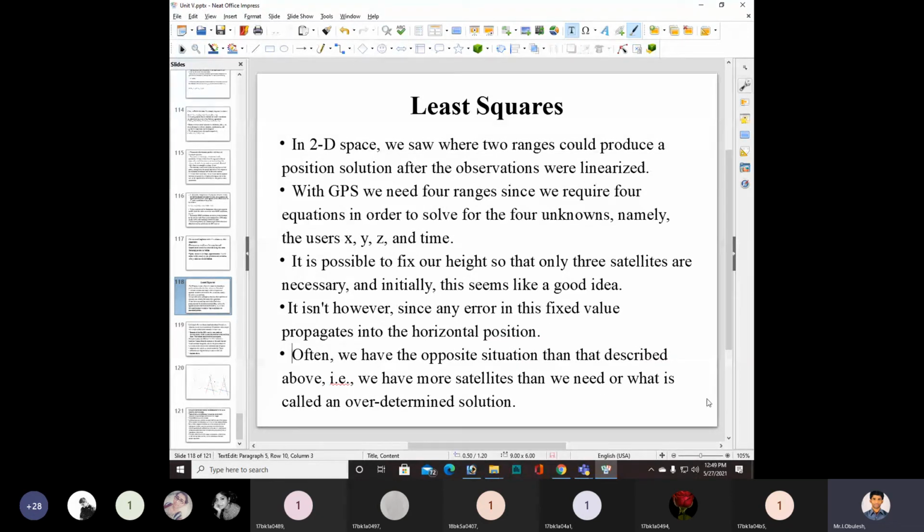Often we have the opposite situation from that described above, that is, we have more satellites than we need, or what is called an overdetermined solution.